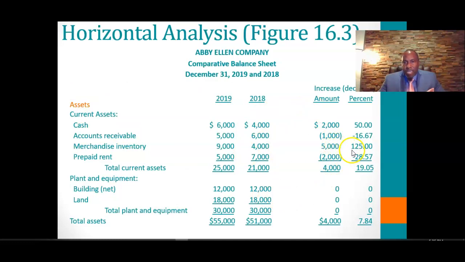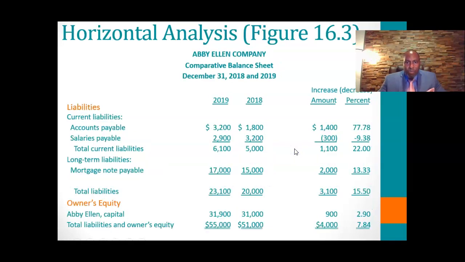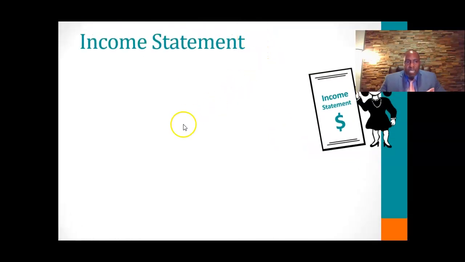Because if I take the $5,000 increase and divide that by $4,000, which is your base, that'll give me 1.25 as a decimal, which is 125%. Okay? So we've covered in detail this first statement known as a balance sheet. We're going to come back with a second video and look at a statement known as an income statement.